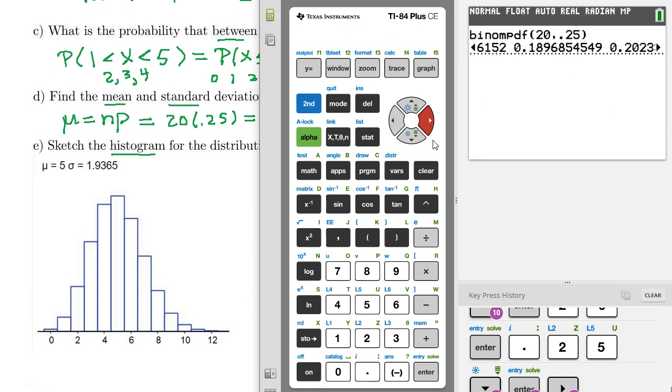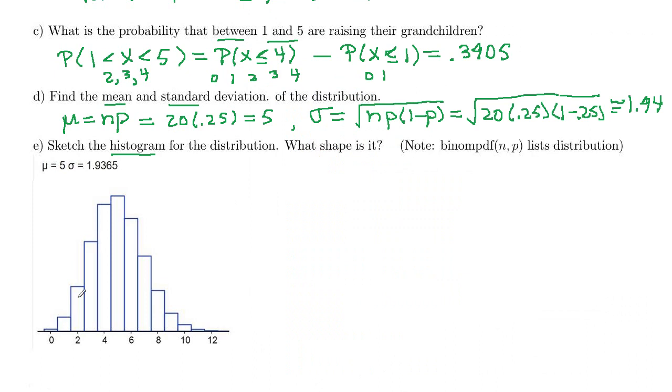If we draw that histogram, it'll look like this. This is our x value, and on the vertical is relative frequency, because the output is going to be in percents.